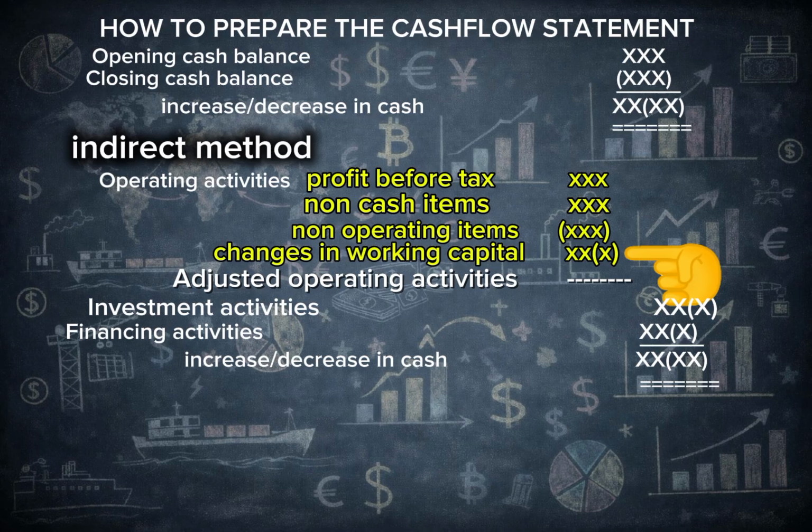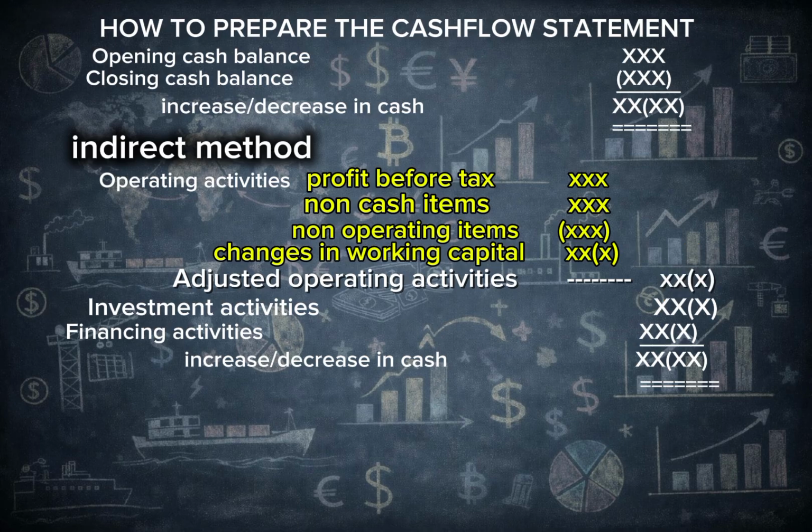We already understand that working capital changes simply show how much cash has been held up or released from our day-to-day operation of the business. And the more current assets we have, it means that more of our cash flow is tied up, and this reduces our cash flow. And the more current liability we have, it means that more of our cash flow is released, and this increases our cash flow.